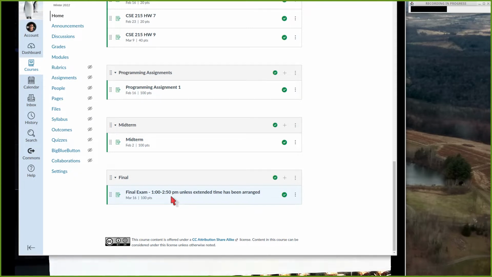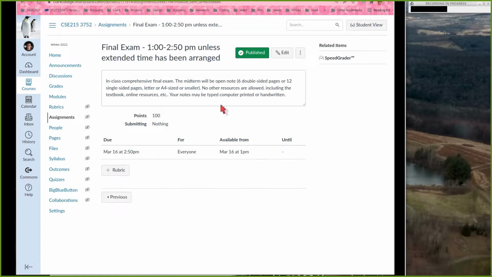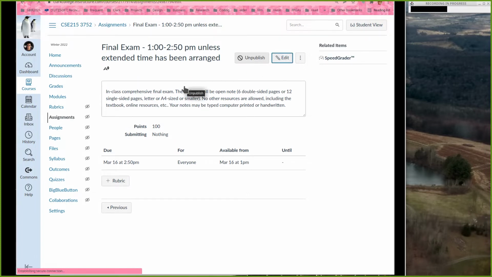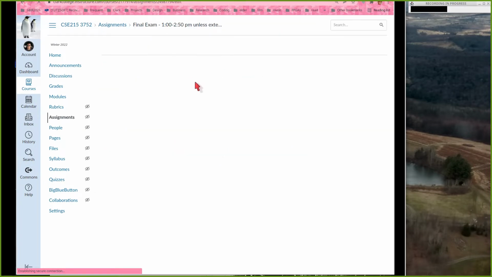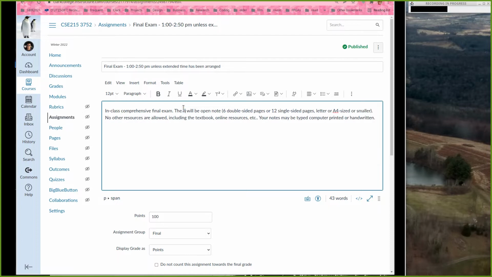And there'll be the usual honor statement in the beginning about not using other resources and so forth. For the final exam, the final exam will be open note.